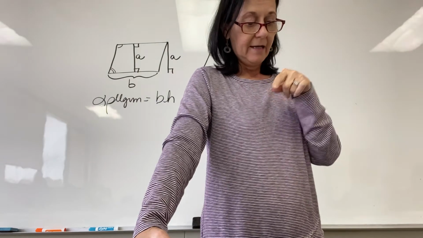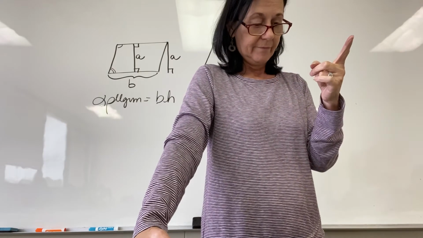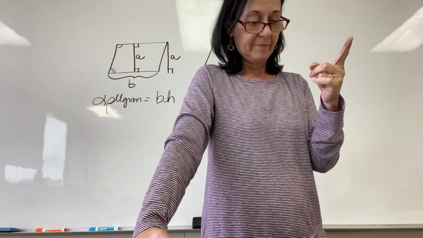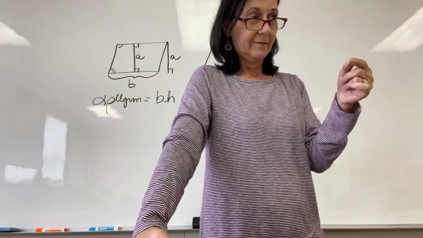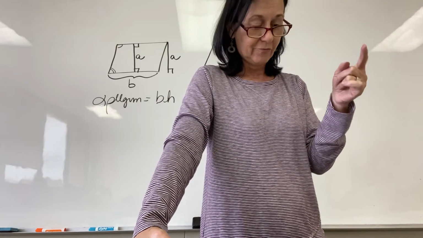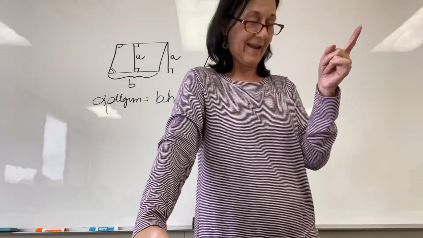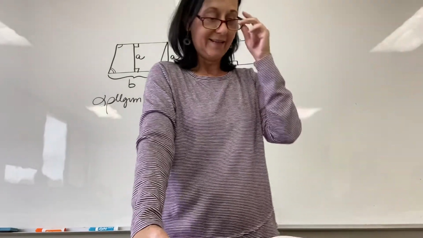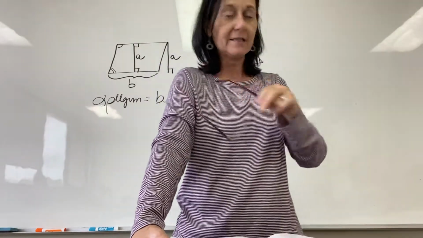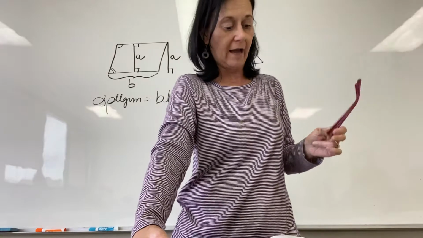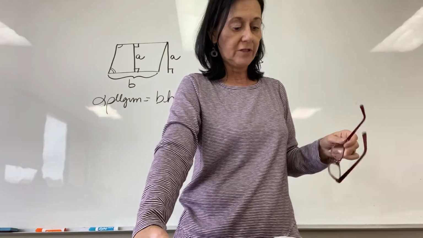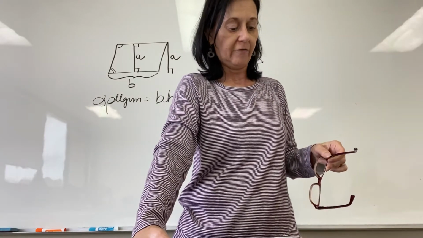And the height is 8 times 5, which is 40. So X is 70 and Y is 40. 70 times 40 is 2,800 square feet.